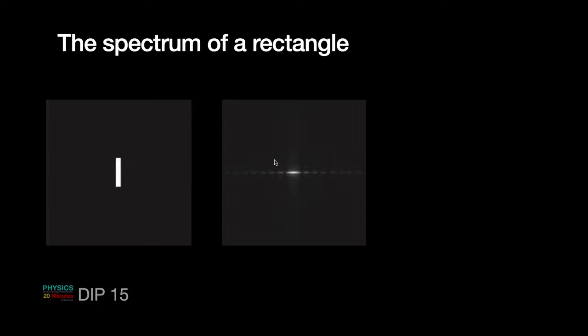If you think carefully, you would realize that this is nothing but the diffraction pattern. This thing looks like a slit, a vertical thin slit illuminated by a light source. Yes, Pinak, you got it correctly.